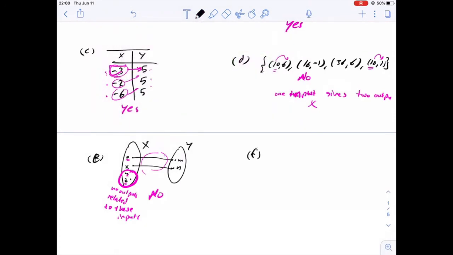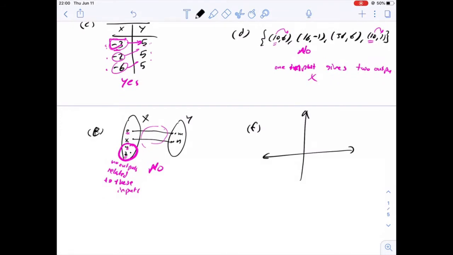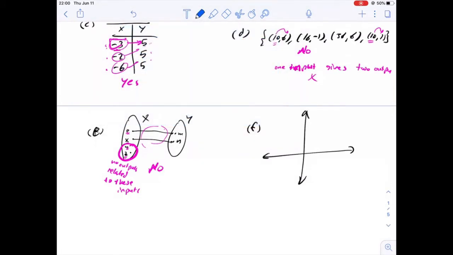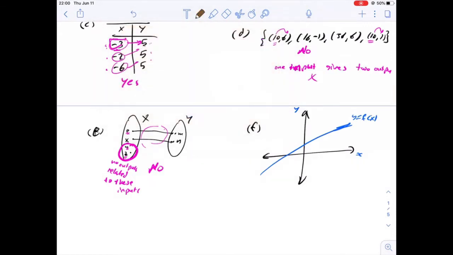Another example. Now, if I give you a graph of a function, a graph of some relation, where this is y equals f of x, this is the x-axis, this is the y-axis. Is this a function? If we give you a graph, then you can use the vertical line test to determine whether this is a function or not.